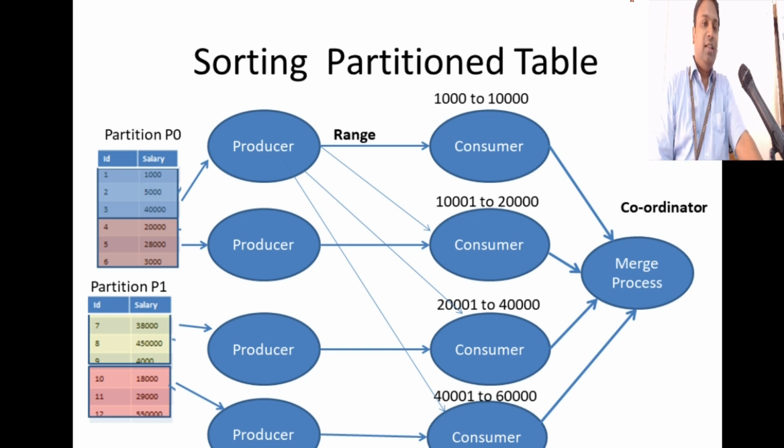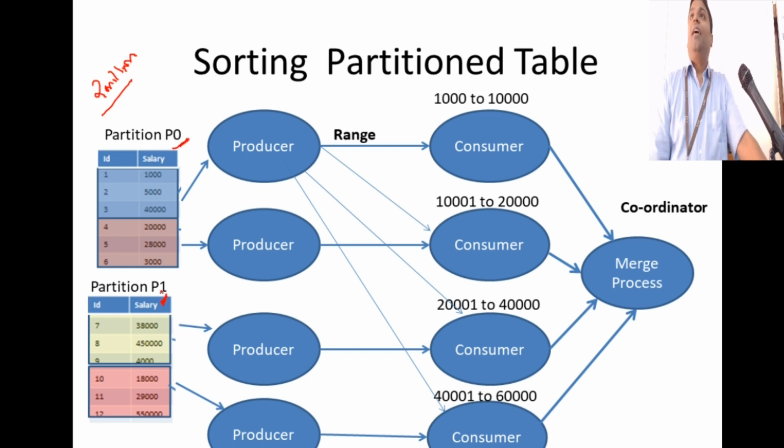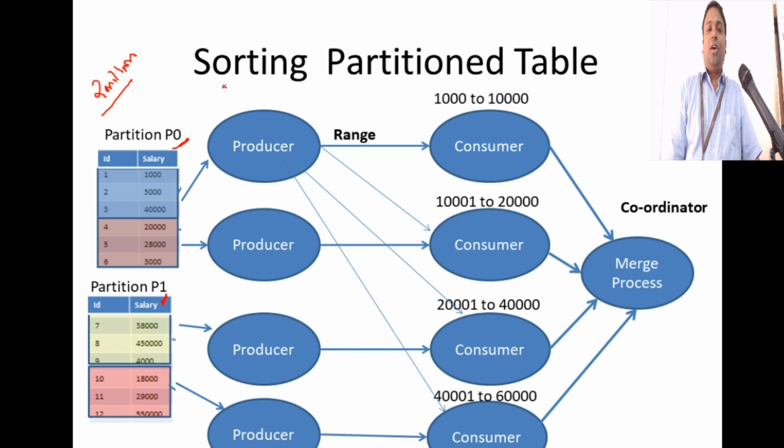So when you partition this data, say this big table with 2 million records is partitioned as partition P0 and partition P1, how will sorting work? The producers read the records from all the partitions. So you will have this block iterator coming in between.